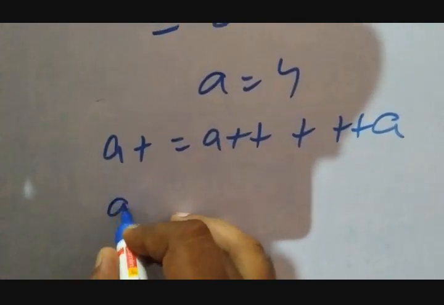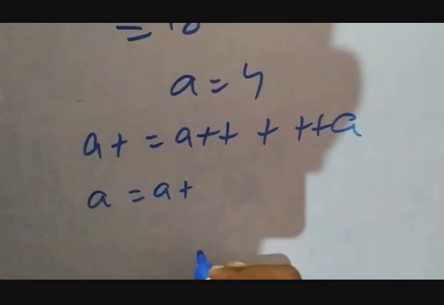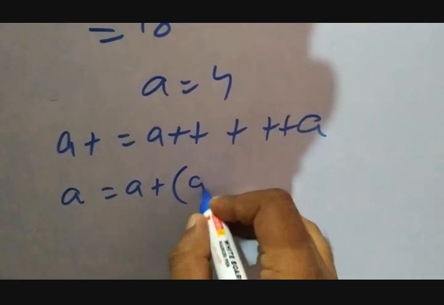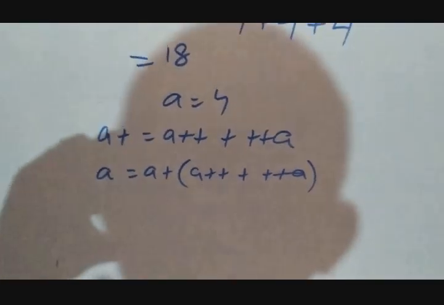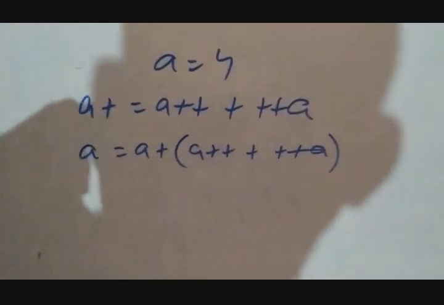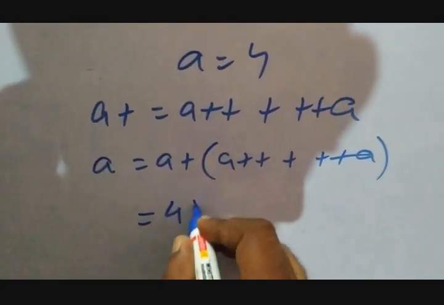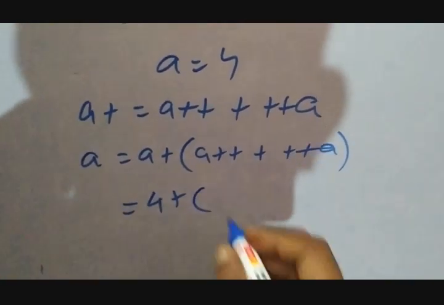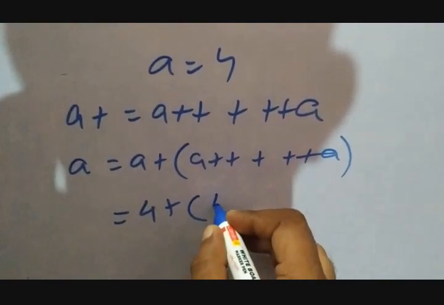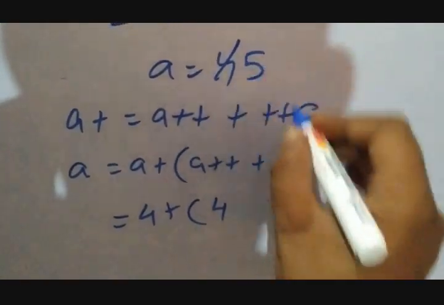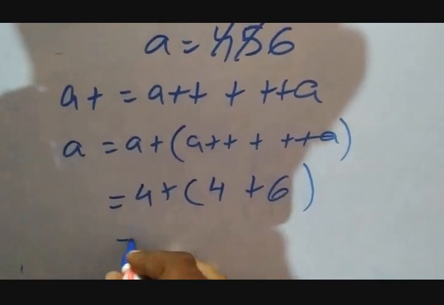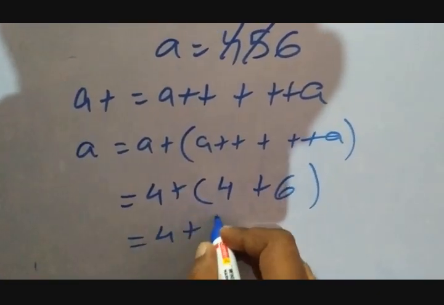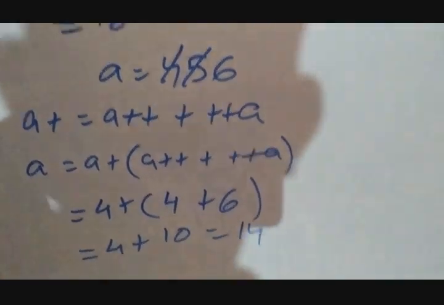Now a = a +, keep this expression in a bracket, (a++ + ++a). Alright, now put in the values. What is the a value? 4 +. Now solve the bracket. a++, use then change, change then use. So it is 4 + 10 and it is 14.